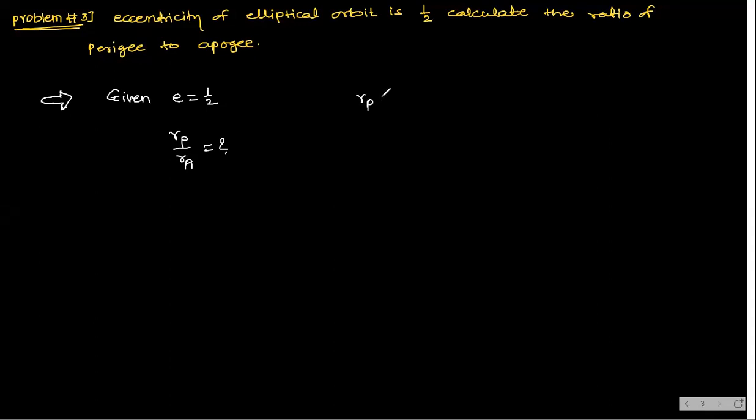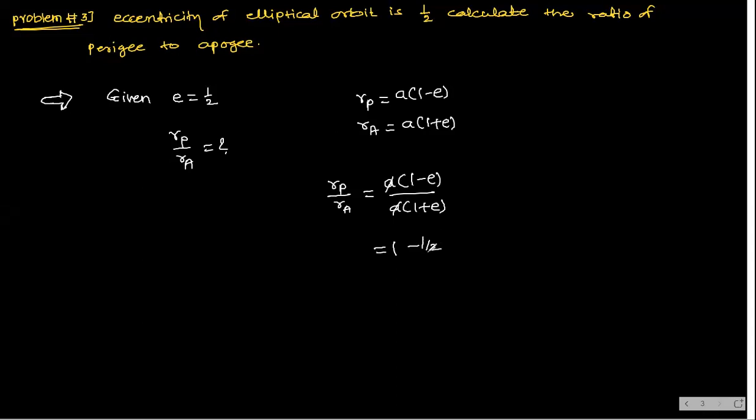So we know RP is equal to A into 1 minus E, and RA is equal to A into 1 plus E. So therefore RP by RA is equal to A into 1 minus E by A into 1 plus E. Now this A and this A will get cancelled. Substitute the value 1 minus 1/2 divided by 1 plus 1/2.